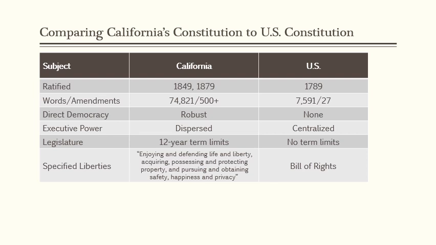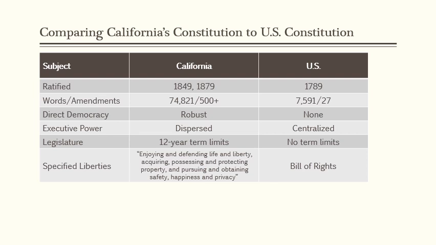Just as suspicions of political corruption led California to adopt direct democracy for amending the Constitution, the skepticism of representative democracy also extends to how the state's branches of government are structured. So, for instance, in California, power in the executive branch is dispersed. This means that executive power is divided among a host of different elected officials.